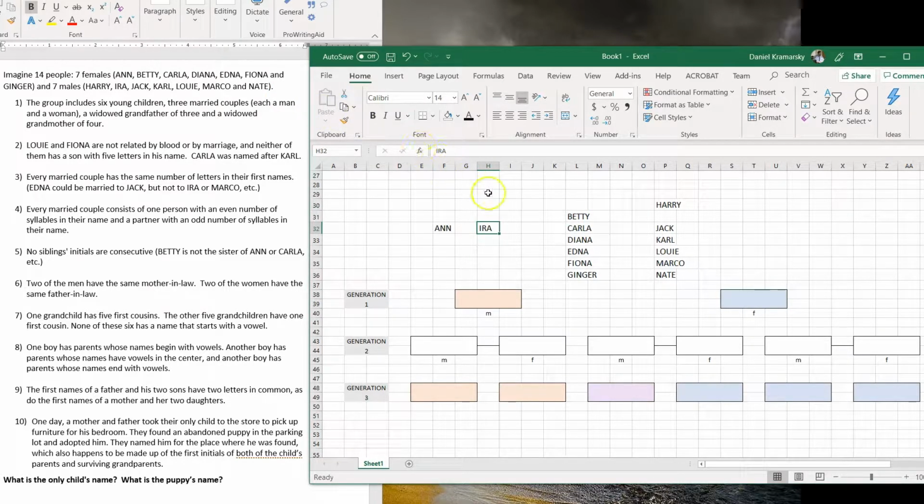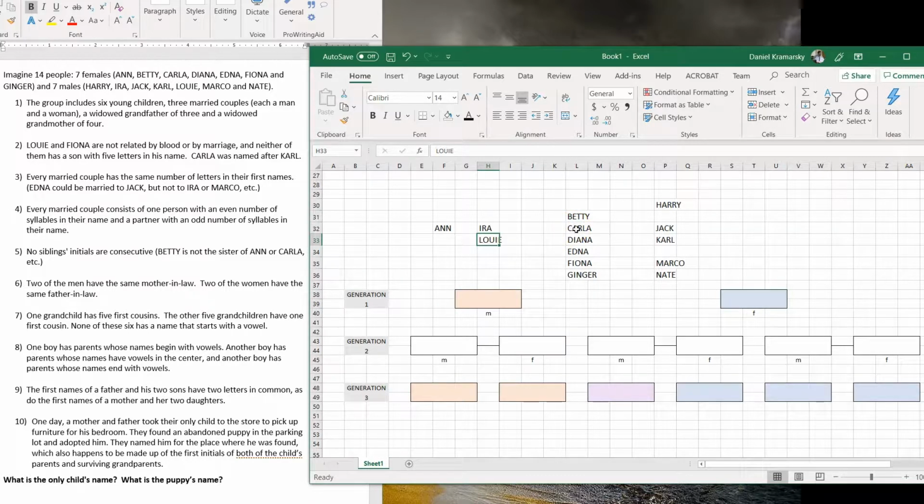Now, what about the couples with the vowels in the middle of their names? Another boy has parents whose names have vowels in the center. Well, there's only one man with a vowel in the center of his name, and that's Louis. So Louis is a second generation person. And who's Louis's wife?